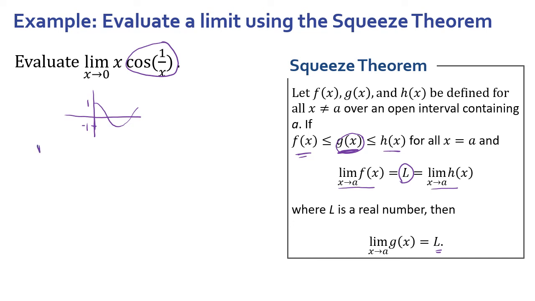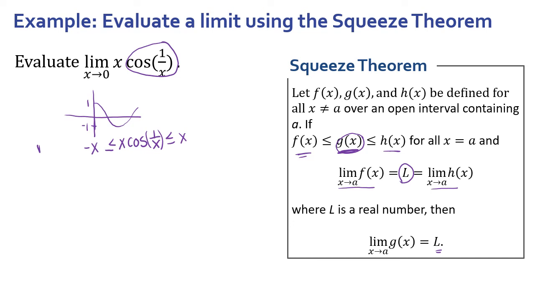So I can find a function that's going to be less than or equal to that would be -1 times x, because I can replace that cosine with -1 since that's the smallest that can ever be. The largest that can ever be is 1, so 1 times x is x. So I can say that this function has to be between -x and x as x is approaching 0.